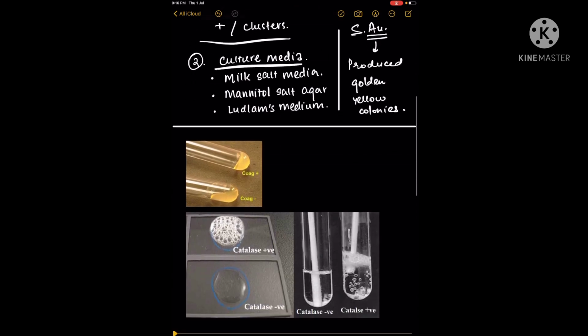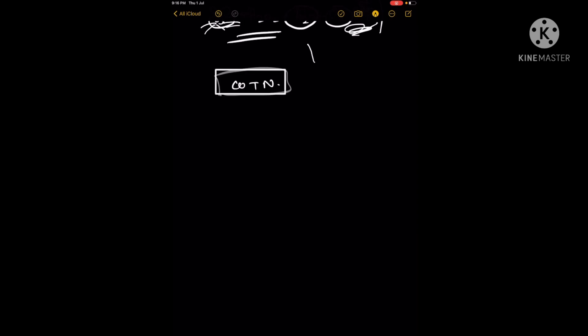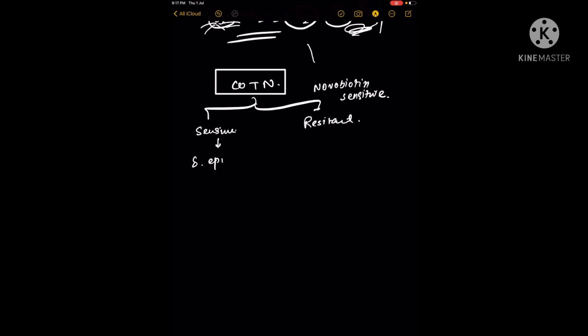In these coagulase negative ones, we differentiate the two on the basis of novobiocin sensitivity. The novobiocin sensitive one is Staphylococcus epidermidis, and the resistant one is Staphylococcus saprophyticus.